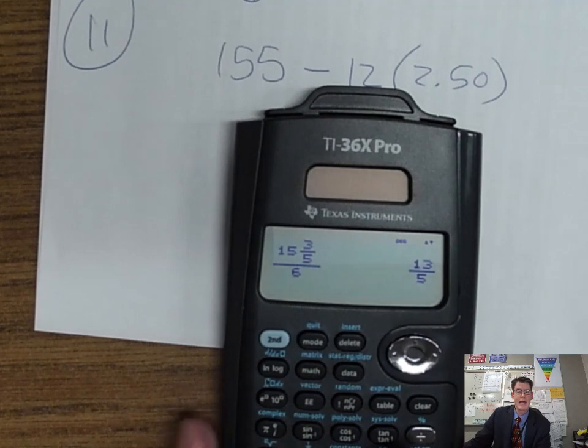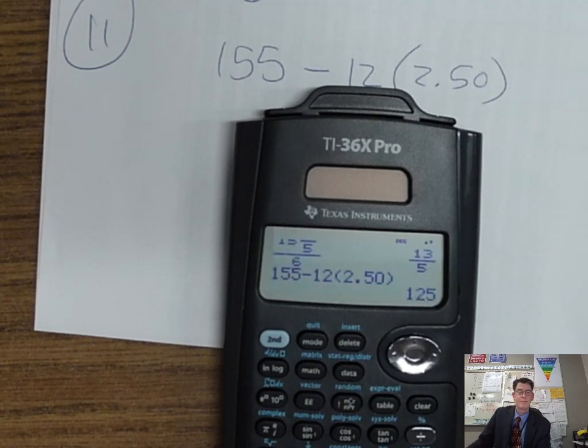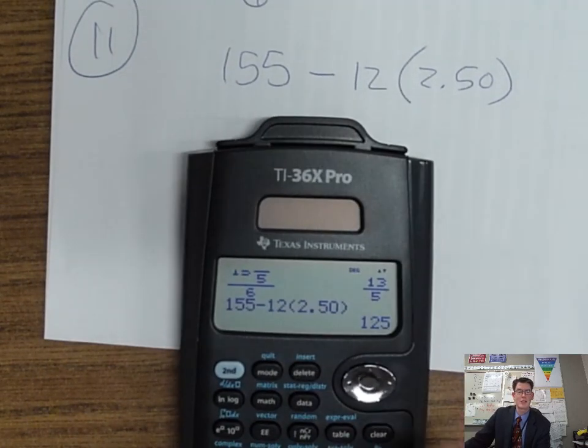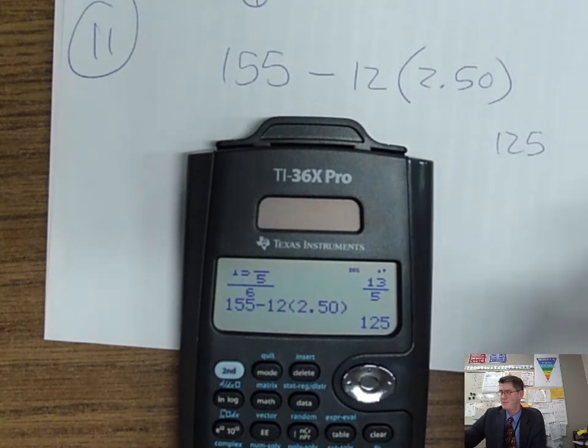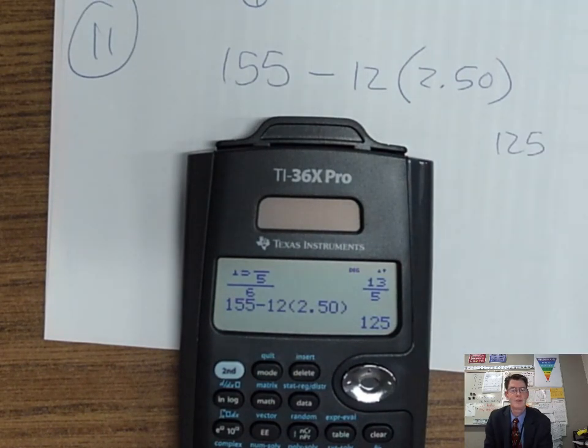Working that out, $155 minus 12 times $2.50 is her new bonus. She lost $30 because of customer complaints, down to $125.